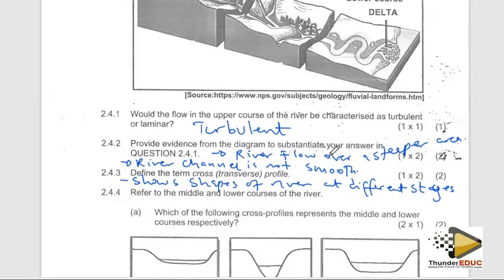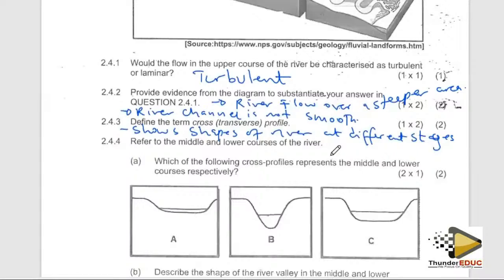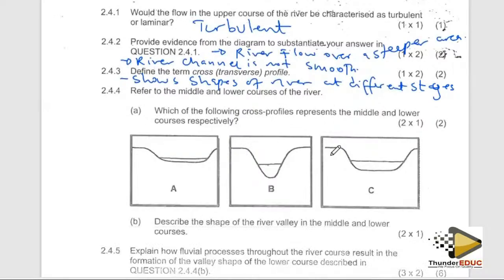2.4.4 says, for the middle course and the lower course, which of the following course profiles represents the middle and the lower course? Middle course would be C. This would be the middle course, because you can see it is a U shape, a bit wider.